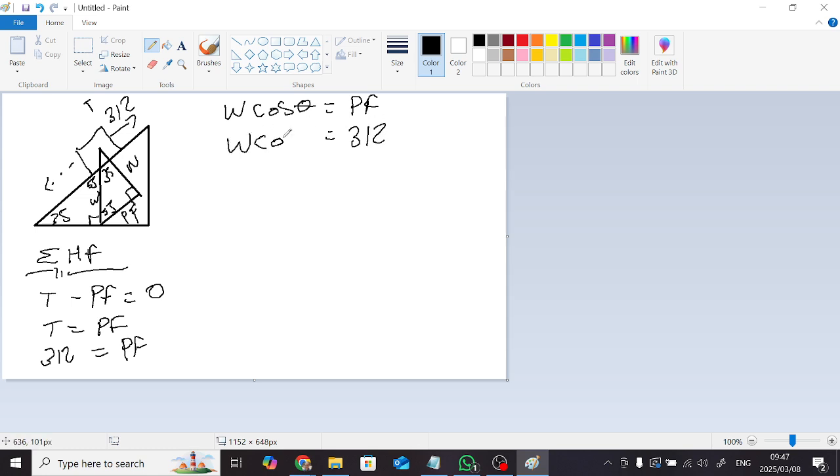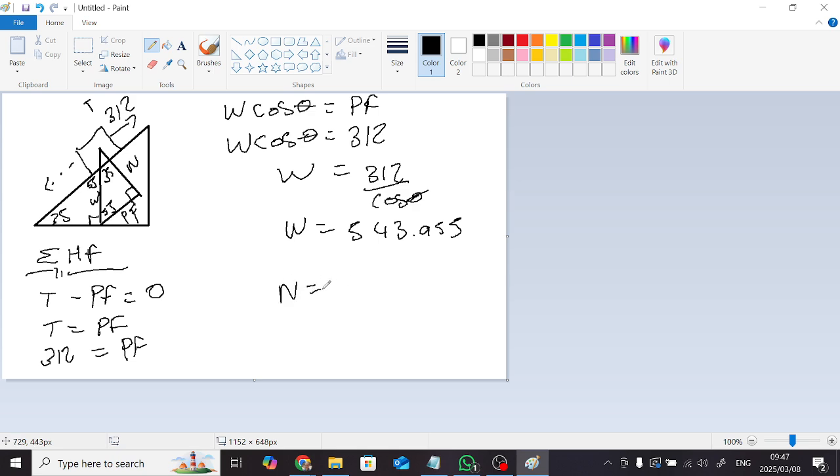So to solve W cos theta, that is going to be equal to 312 divided by cos theta, which is equal to W. Okay, so W is going to be equal to 543.955. Okay, so we found the force due to gravity, and now the normal force.